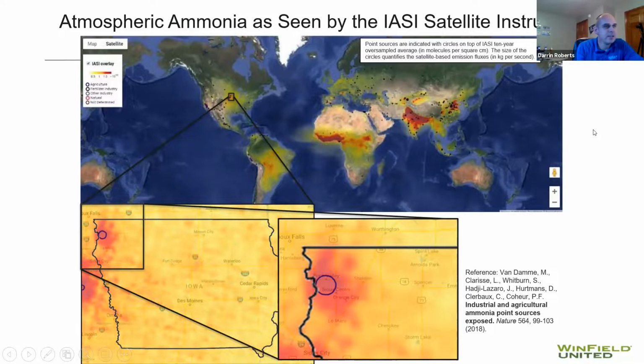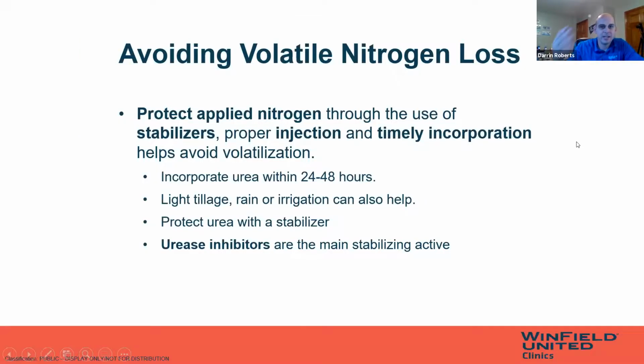Okay, so how do we avoid this, or what can we do to reduce it? So one is with those surface applications. Timely incorporation would be key. So trying to get it incorporated within 24 to 48 hours. And if we can't do that, then including a stabilizer definitely helps.